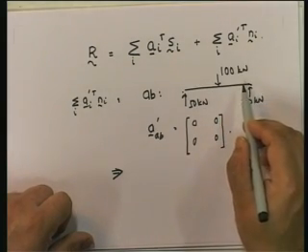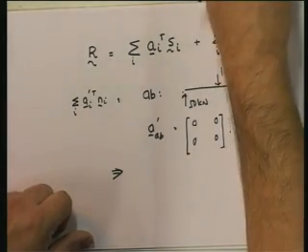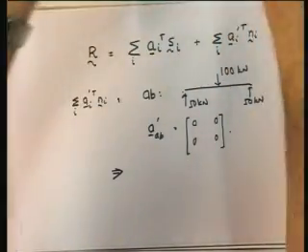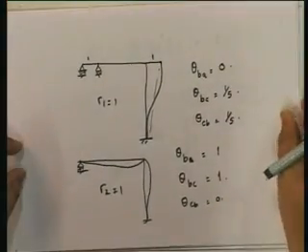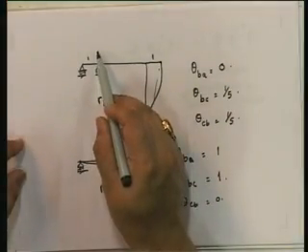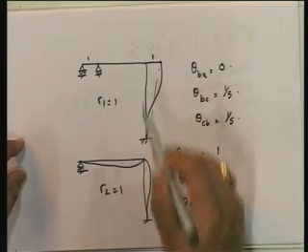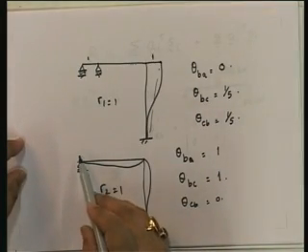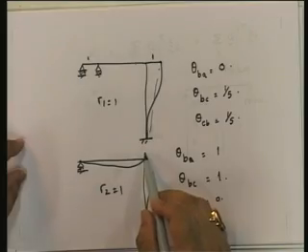If we go back to the displacement pattern for R1 equal to 1, how much does this point go up by? 0. How much does this point go up by? 0. How much does this point go up by? 0. How much does this point go up by? 0.